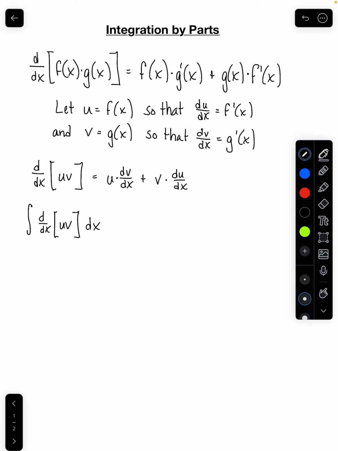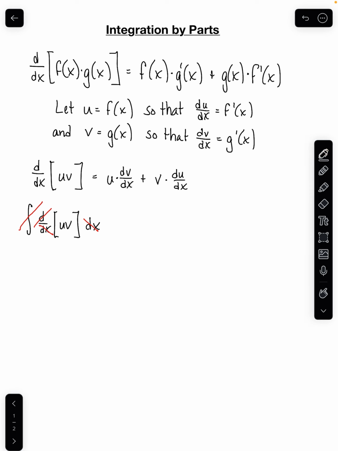And an interesting thing happens here. The dx's actually cancel out at the same time that the integration is canceling out with the differentiation, as we know from the fundamental theorem of calculus. So altogether, on the left side, that's going to leave us with just u times v.